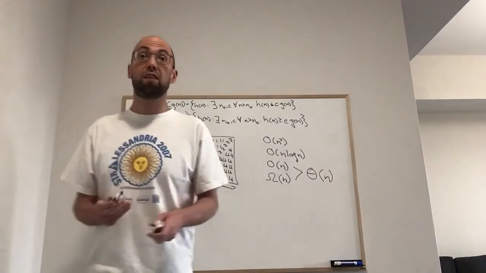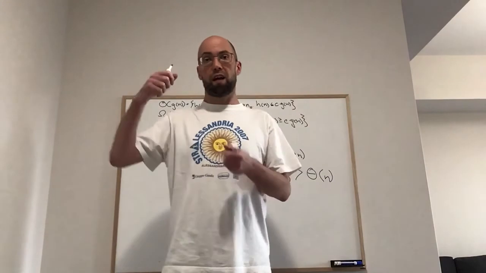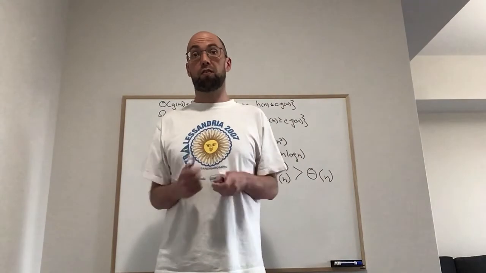Okay, so theta means it's in the intersection of the two sets, big O of f of n and big omega of f of n. It's in the intersection of those two sets, and we call that intersection theta. Okay?